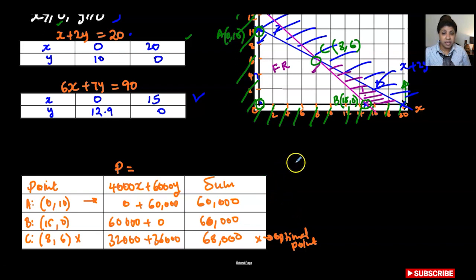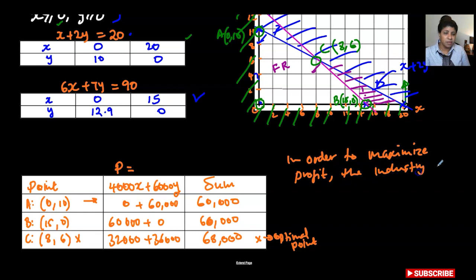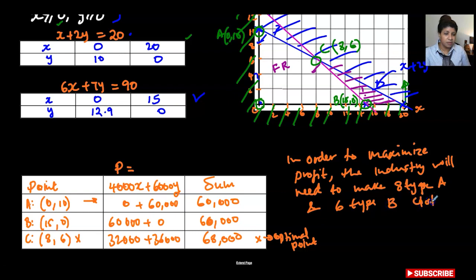So you conclude that in order to maximize profit, the industry will need to make 8 type A and 6 type B clothes. Okay, so that is your solution then.